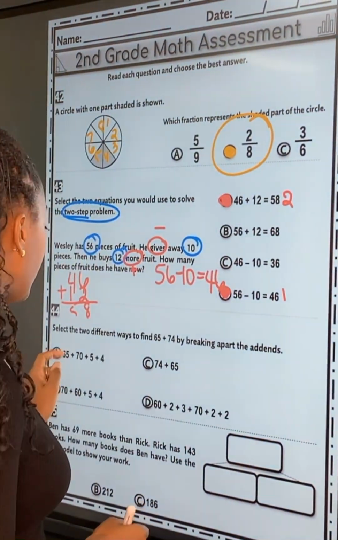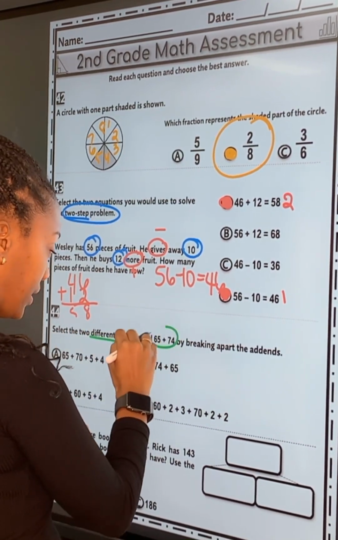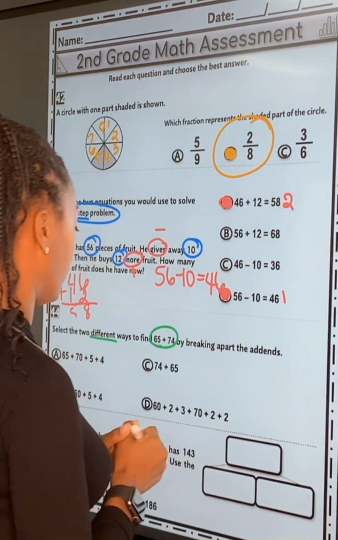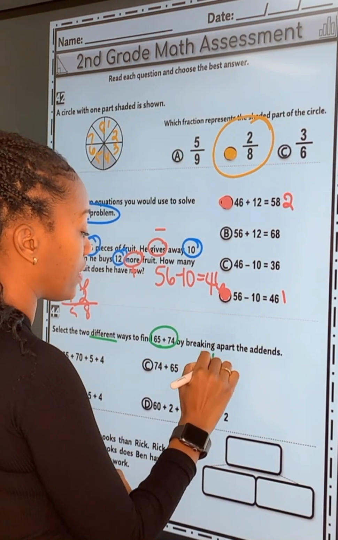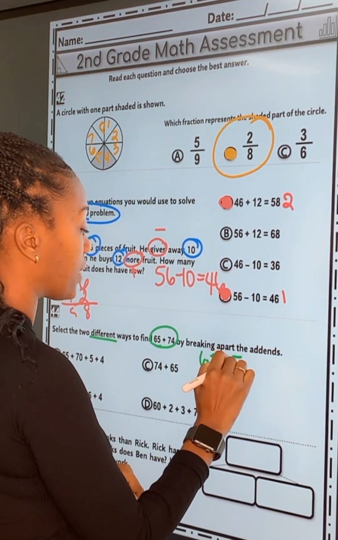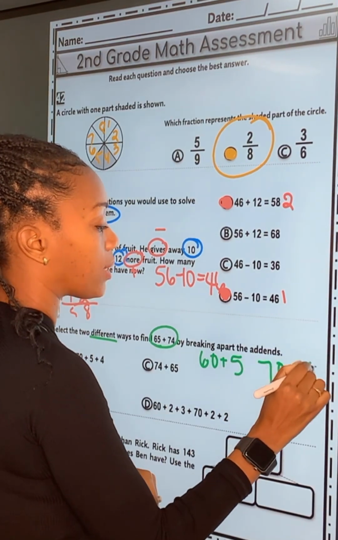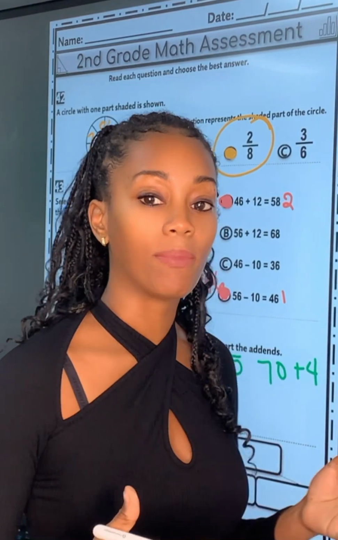Number 44 says, select the two different ways to find 65 plus 74 by breaking apart the addends. So the first thing I'm going to do is break apart 65 into 60 plus 5 and 74 into 70 plus 4. So right away I put them in expanded form to help me find it.